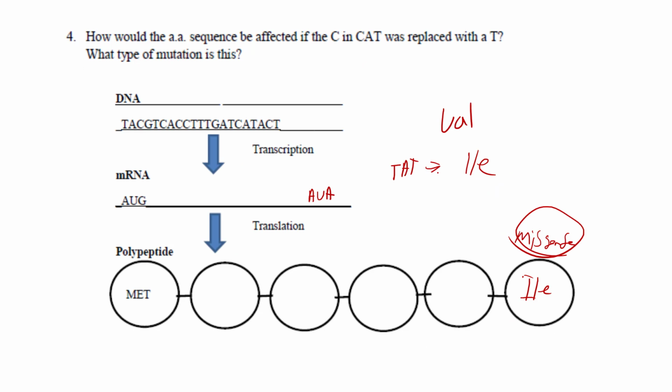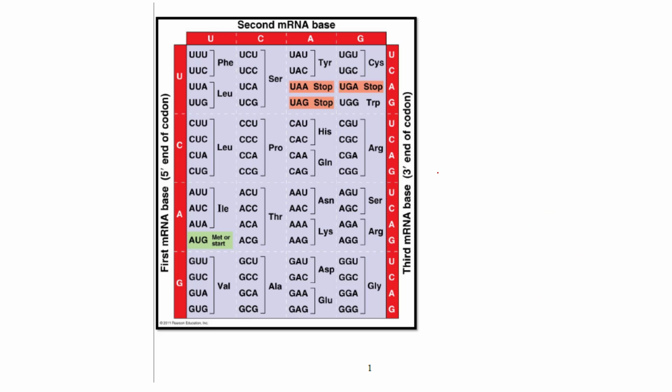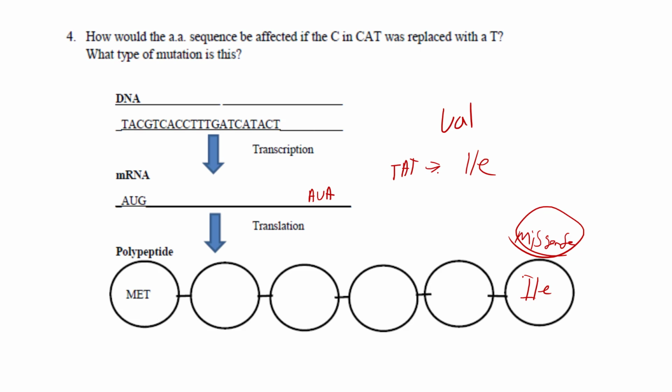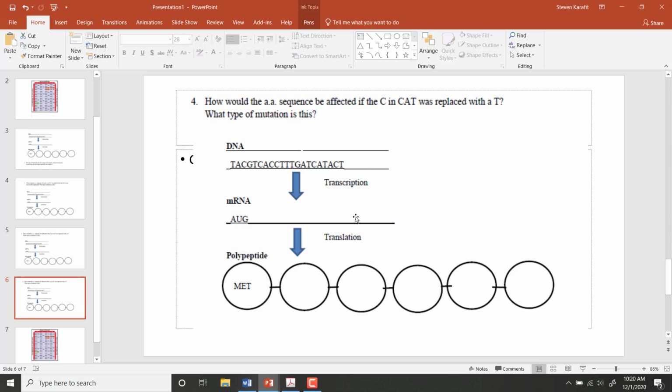Then the last one that I accidentally did ahead of time, we coded for the wrong amino acid in that position due to a substitution, a minor mutation, and that was a missense mutation where we get the wrong amino acid, and that's number 4. Okay, so that is the key to the worksheet. I hope you find it useful, and sorry for skipping that one.